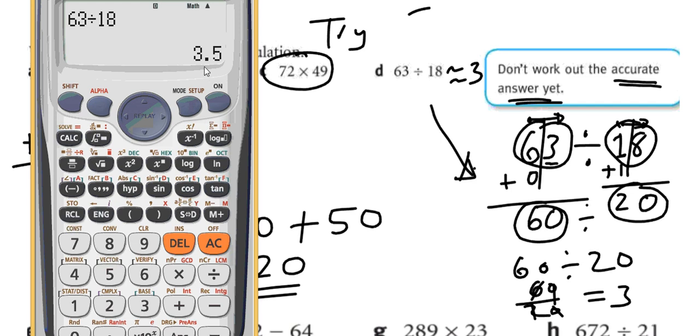Yes, not bad. The exact answer is 3.5, but the approximate answer we got is 3. Not bad. Very near to the exact answer. This is the exact answer, but this is an approximate. 3.5 is exact. We got an approximate of 3. Correct.